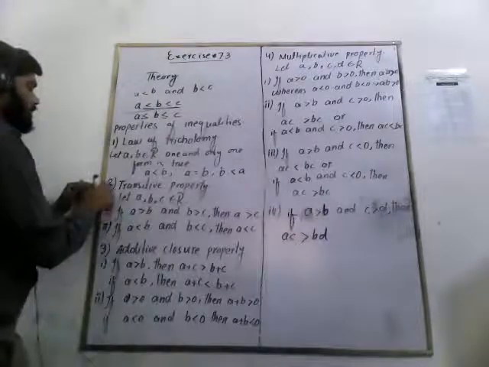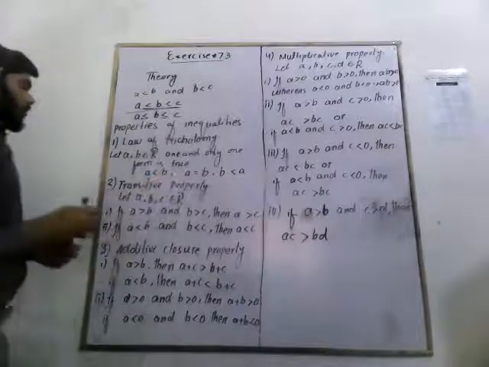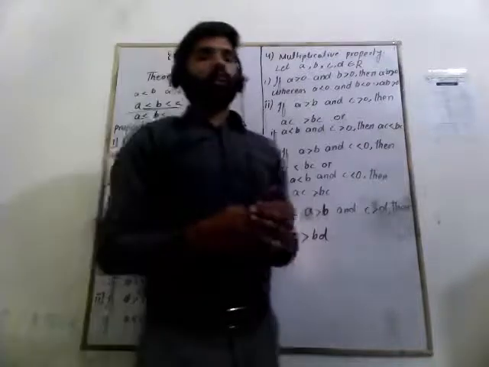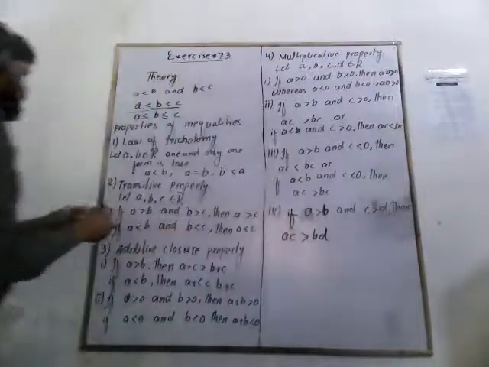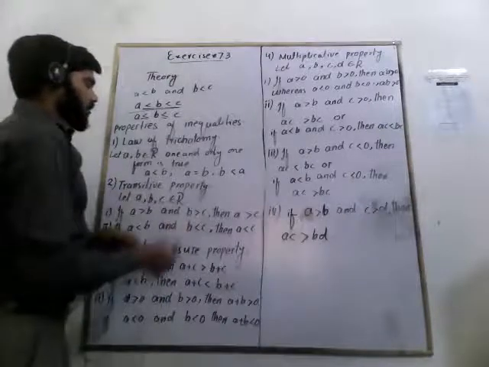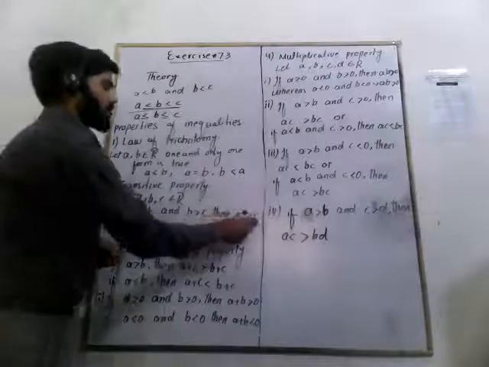The second property is the transitive property. If a, b, c belong to real numbers, then in the first case, if a is greater than b and b is greater than c, it means a is greater than c.